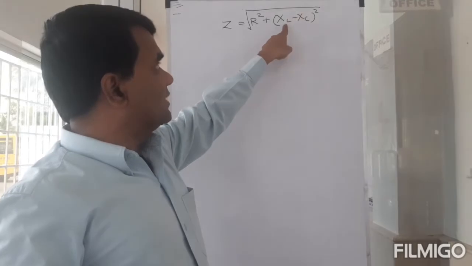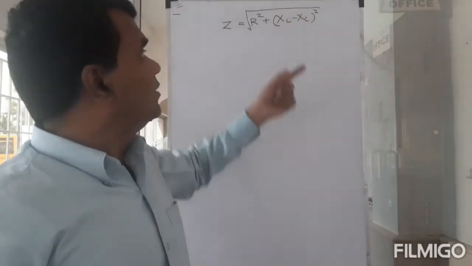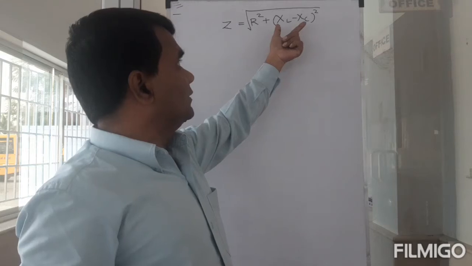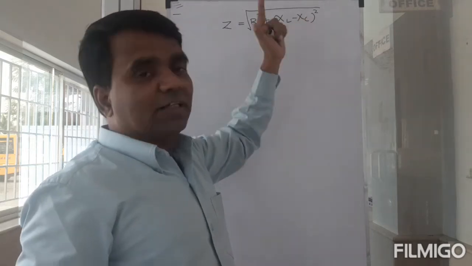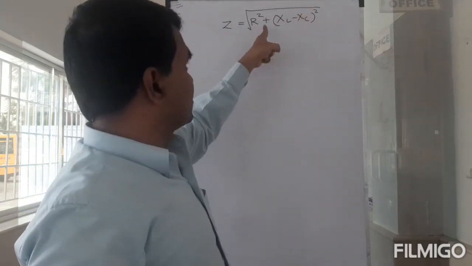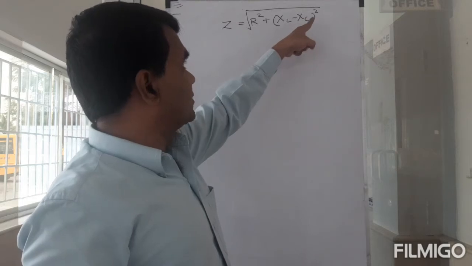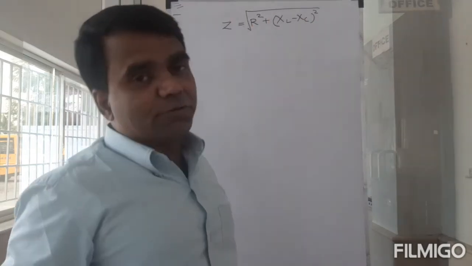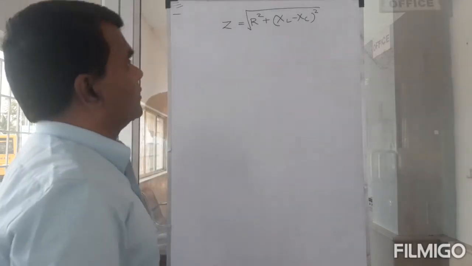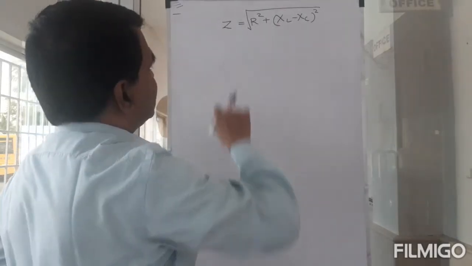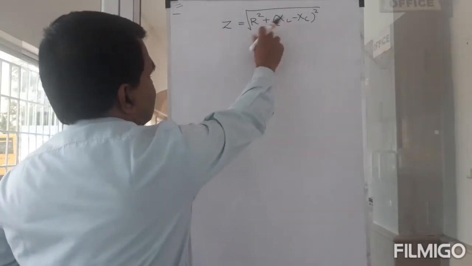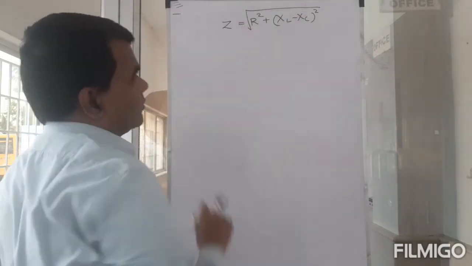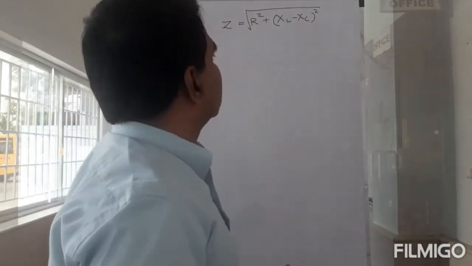So we don't know whether XL is greater or XC is greater at any point in time, but when you square that quantity, then it will become positive. So Z is equal to square root of R squared plus XL minus XC squared. It is going to be a positive quantity, and you are going to take a square root of it. So that's how it is. It will never become a negative quantity. It's always positive. This is positive, this is positive. So you get a positive quantity, a real value.